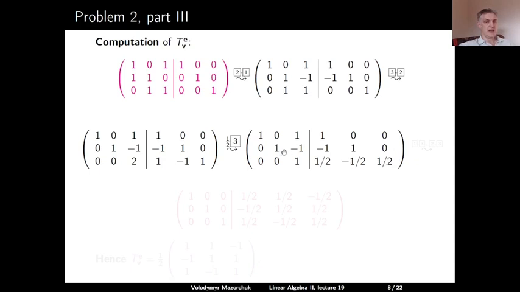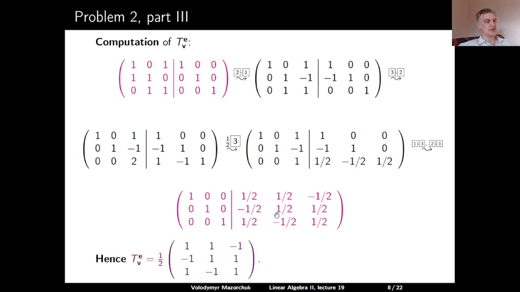And finally, we use this 1 in position 3, 3 to eliminate everything else in the third column. So we add row 3 to row 2, and we subtract row 3 from row 1. Row 3 remains the same, while row 1 becomes 1, 0, 0, 1 half, 1 half, minus 1 half, and row 2 becomes 0, 1, 0, minus 1 half, 1 half, 1 half.